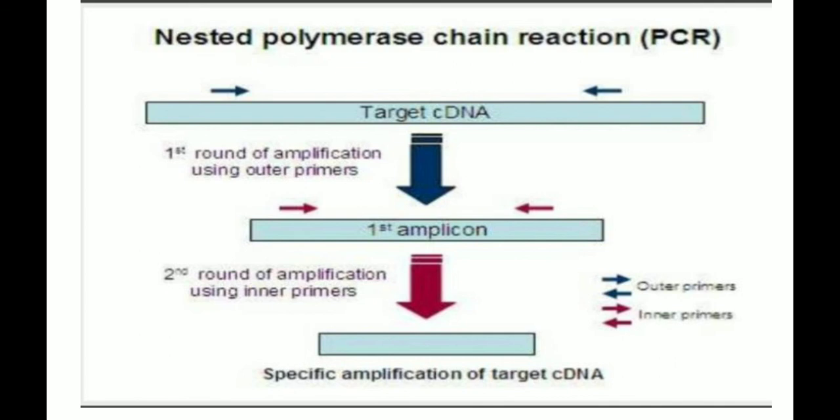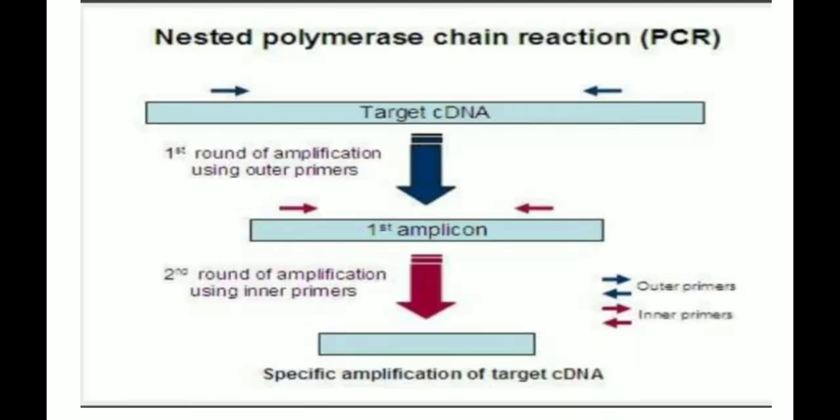Then in the second round, if they are using an inner primer, there is a specific amplification of the target complementary DNA, which has a smaller size than your first amplification, right? That is the difference. So this is all about the PCR and its modification.